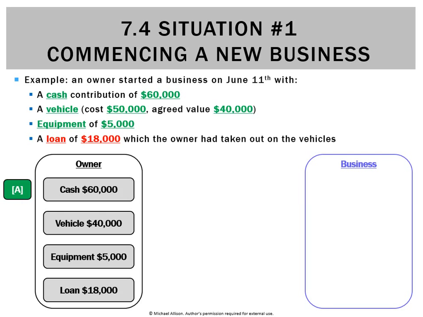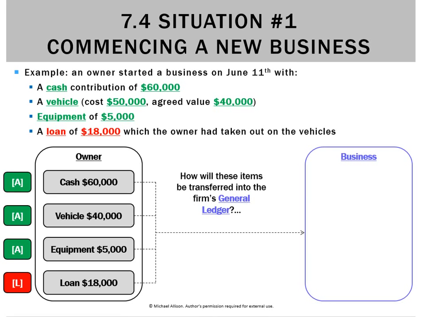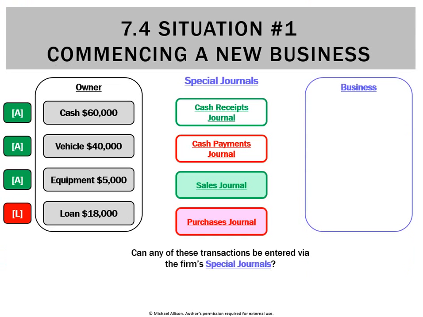So let's look at the items we're giving the business. We've got an asset called cash, an asset of a vehicle for 40 grand, $5,000 of equipment, which is an asset, and a loan of 18,000. So how will these get from the business to the firm's general ledger? Looking at the special journals, they simply aren't suited for all these items.